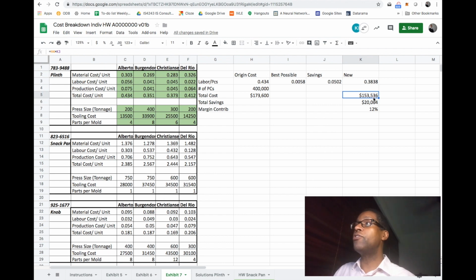Our total savings, if we tell the supplier, hey, your total savings would be $20,000, that's a 12% margin contribution. Now that supplier could consider how to bring the price a little bit further down or win the bid. Or, you know what, they're tied, so they might keep the price the same and keep all of this margin to themselves.